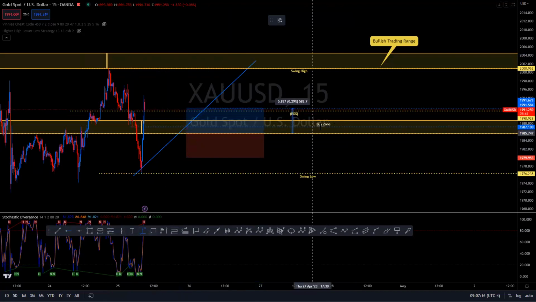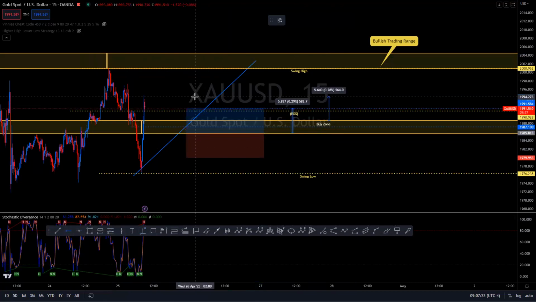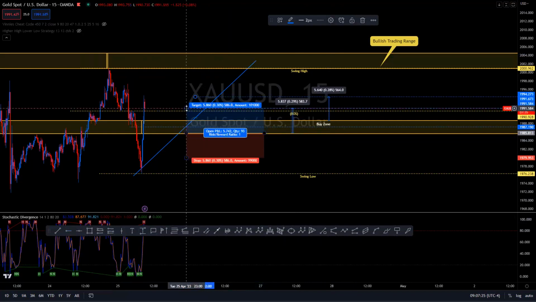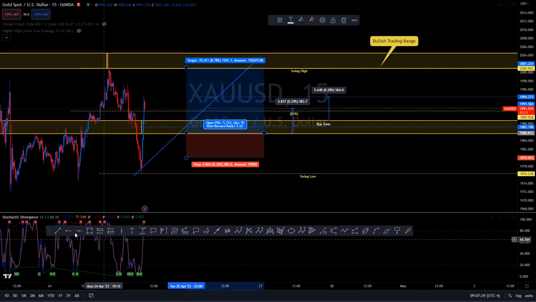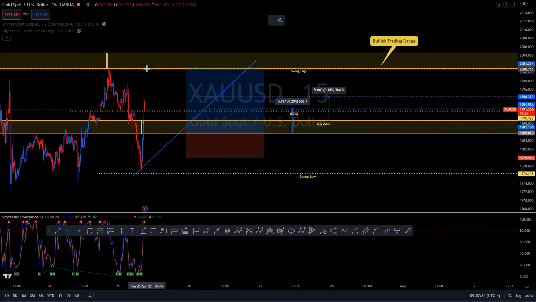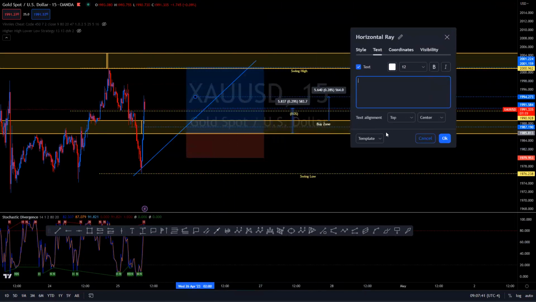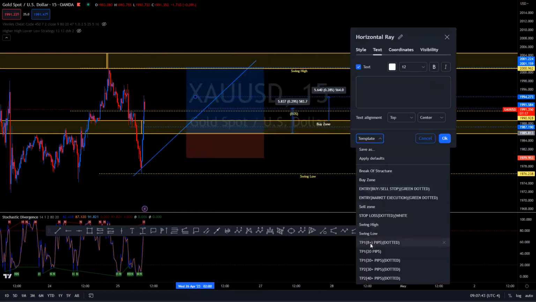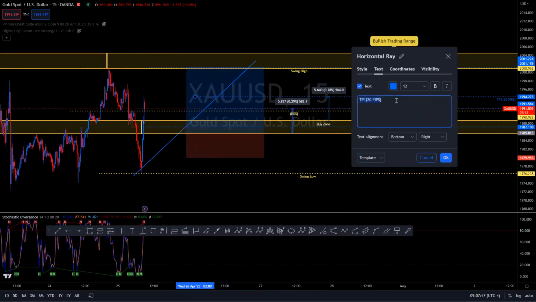Now, let's say price rises from the top of this zone, at least this much in gold, and then ultimately get all this liquidity up here if it wipes out this previous high here. So this would be TP1. This is over 560 basis points.